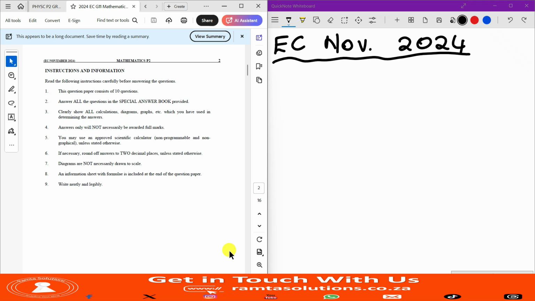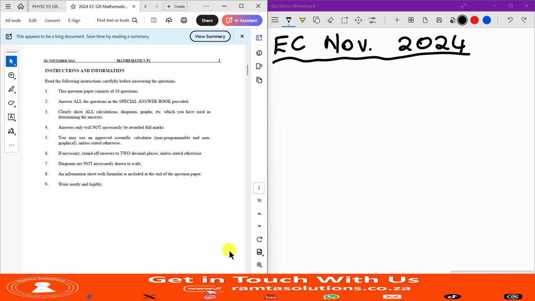For example, instruction 2 says, answer all the questions in the special answer book provided. I'm not using that answer book, so it's okay. We can proceed without it. Then, clearly show all calculations, diagrams, graphs, etc., which you have used in determining the answers.